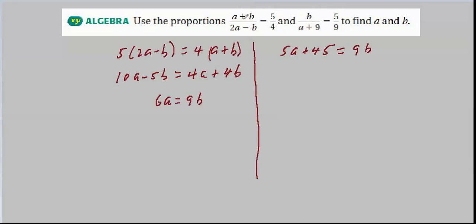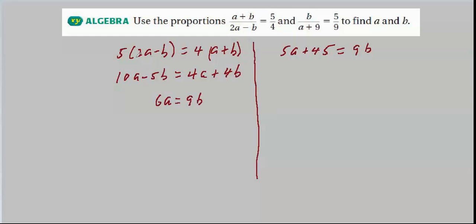So if we take our products, by the way, in this course this is called a cross product, where you take the product of the means and set it equal to the product of the extremes. In other courses, the cross product will be defined a little bit differently.